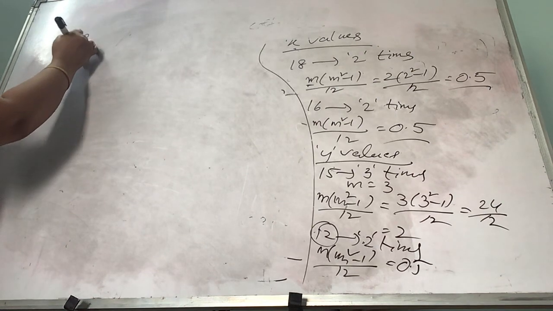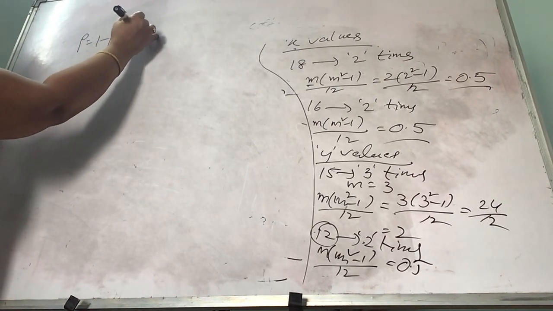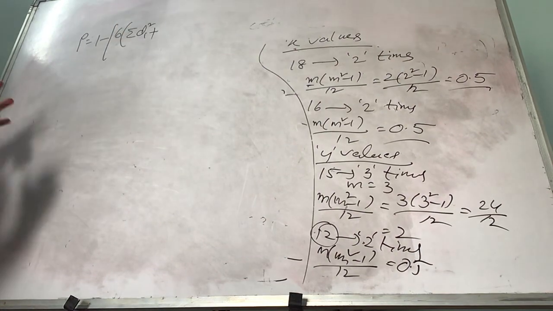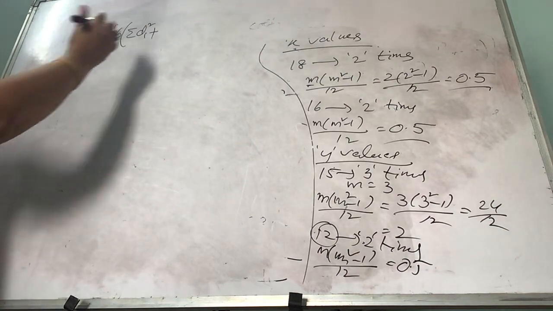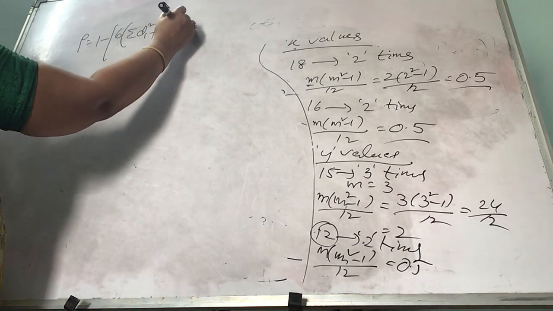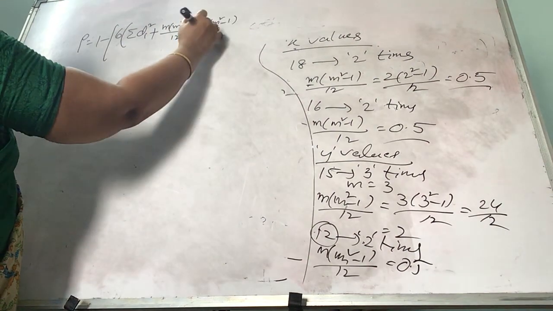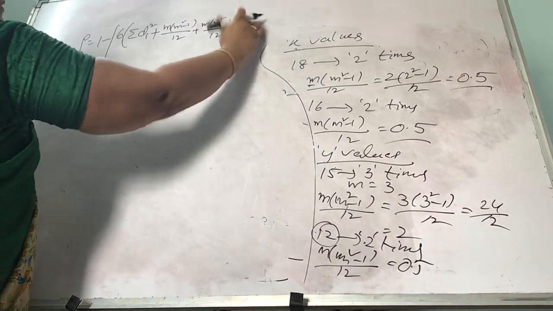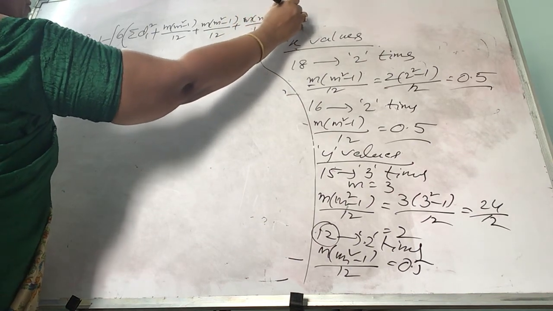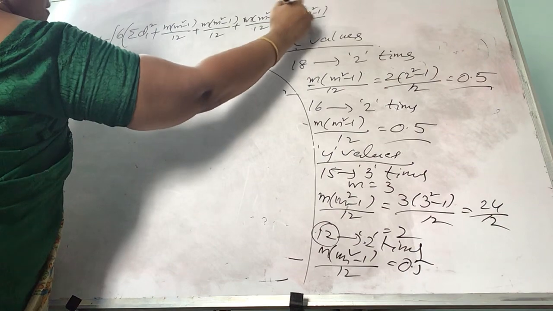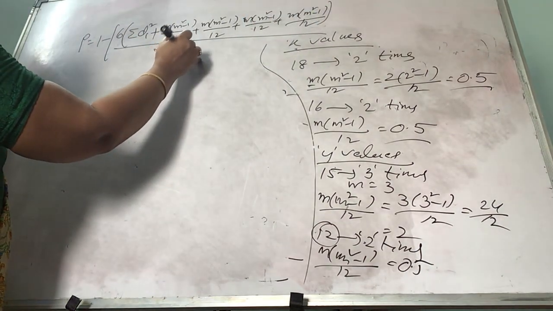Rho is equal to 1 minus 6 into summation of di square plus m into m square minus 1 by 12 plus m into m square minus 1 by 12 plus m into m square minus 1 by 12 plus m into m square minus 1 by 12, divided by n into n square minus 1.